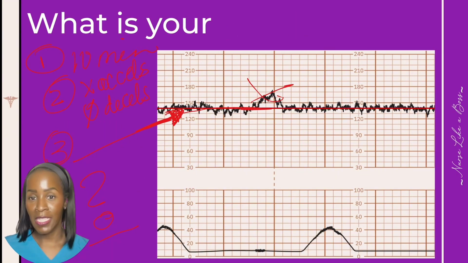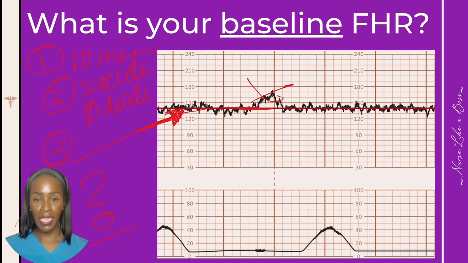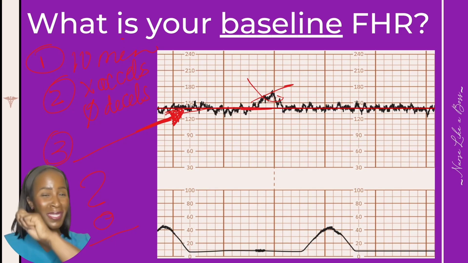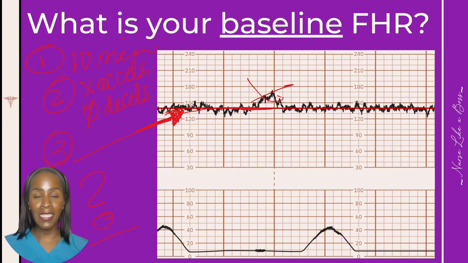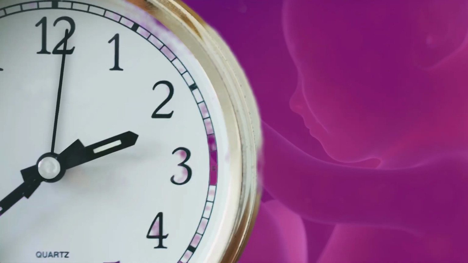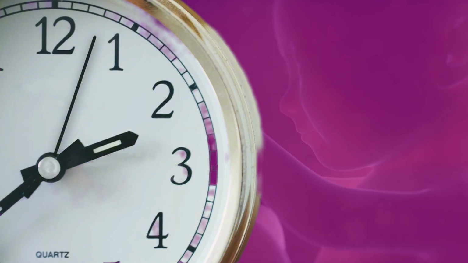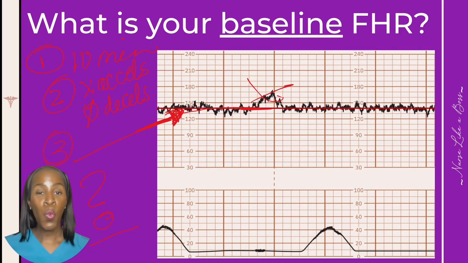Let's walk through it again together. Our 10-minute tracing, check, we have it. Do we have any accels? We do. Let's ignore it, cross it out. Do we have any decelerations? We don't, right? So number 3, where does our fetal heart rate sit most of the time? I would say 140 beats per minute. But if you said like 145, that's okay.